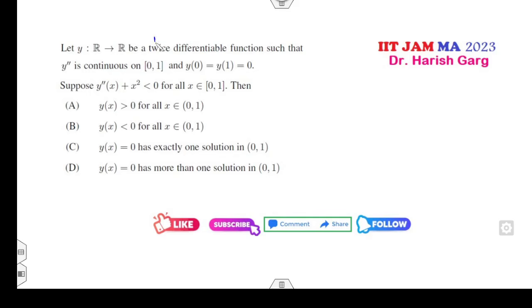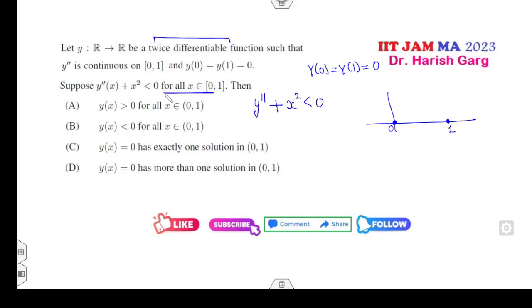y is my twice differentiable function such that y of 0 is 0, y of 1 is 0. अगर मैं थोड़ा सा देखूं y0 भी 0 है और y of 1 भी 0 है. And y double dash plus x square is less than 0 for all x.